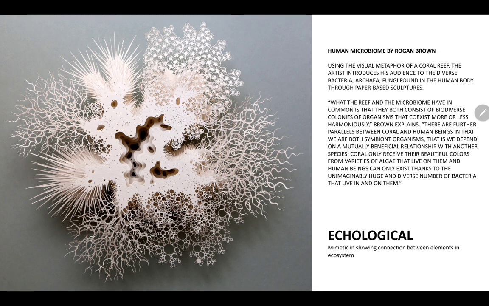So he sees this as a very nice and interesting type of relational, or we call it ecological, inspiration, natural inspiration that happens inside the human body. But the way he represents that connection is by seeing a similar connection and relationship between elements in the oceans, in the form of coral reefs. So he creates artistic compositions made from paper cuts, right?